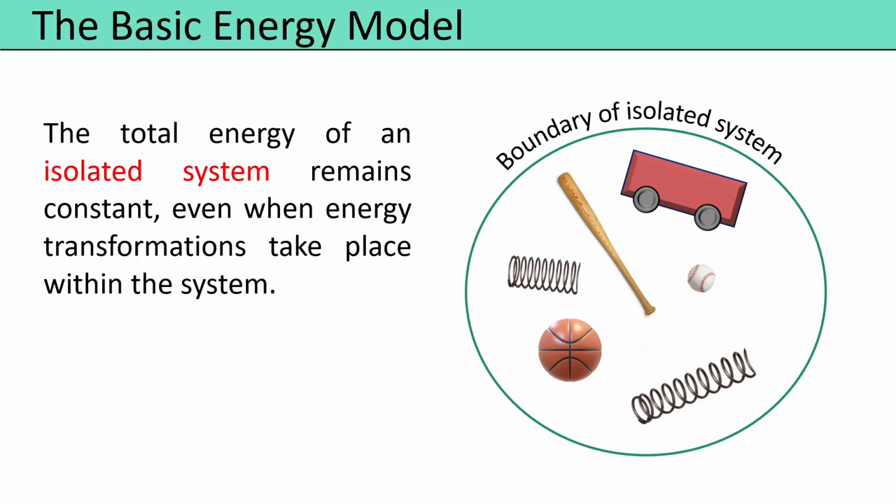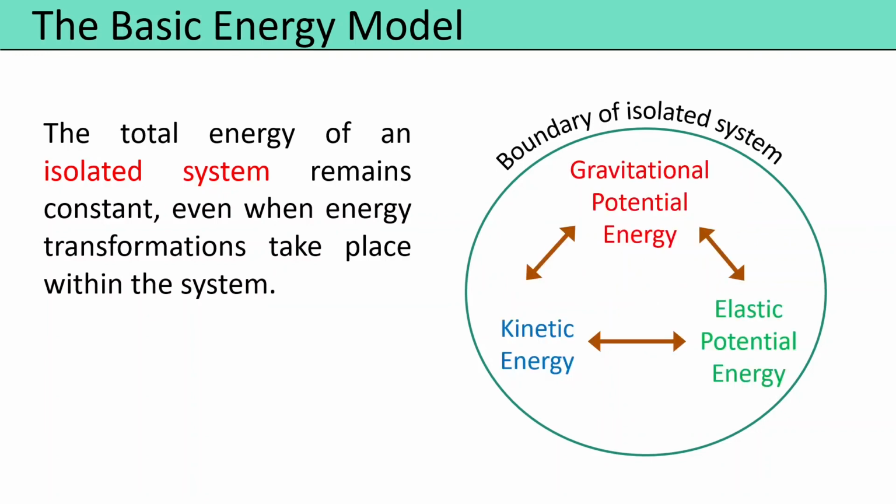So we say that energy is conserved as long as these objects are isolated from the external world. So these objects could have kinetic energy, gravitational potential energy, elastic potential energy, and they could interchange and transform these three types of energies among each other. But again, what the conservation of mechanical energy principle tells us is that the sum of these three types of energy will be constant in the system as long as it is isolated.